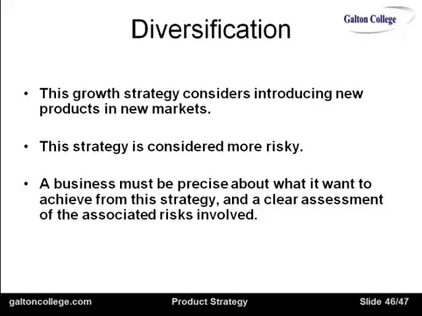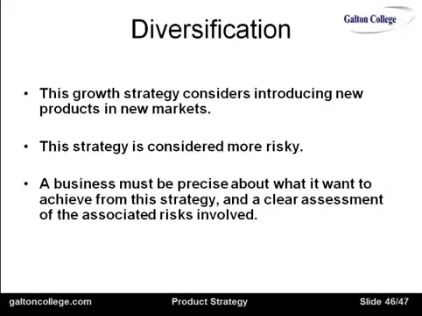A business must be precise about what it wants to achieve in this strategy and a clear assessment of the associated risks involved. It's not just a question of thinking it's a good idea, but there are double risks here. It's knowing the new market and developing a new product. So careful consideration to the ups and the downsides associated with this would be necessary.